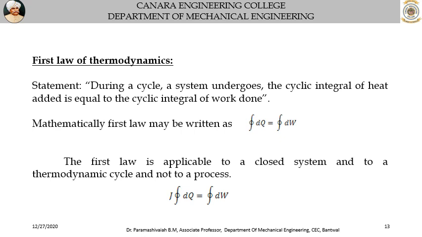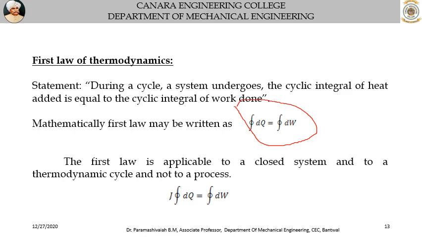In a cyclic process, the total heat transferred is equal to the total work done. Mathematically, the first law is written this way: ∮dQ = ∮dW.